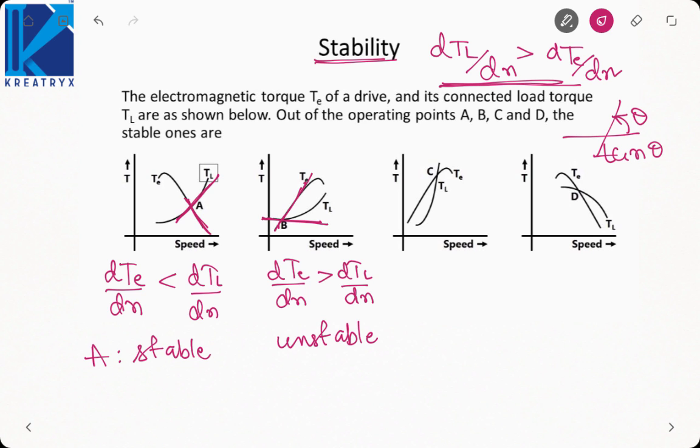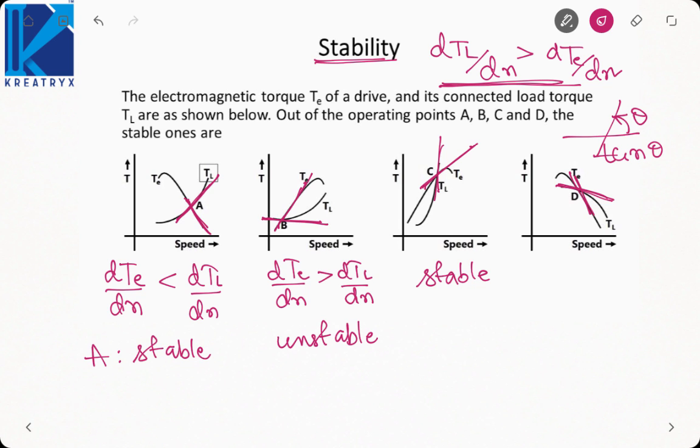unstable. In the next one, if you see, this is the slope for electromagnetic torque, whereas this is the slope for load torque. The slope for load torque is higher than electromagnetic torque again, so it is stable. If you see here, this is the slope for load torque, and the slope for electromagnetic torque. Now as you see, the slope for electromagnetic torque is more steep, but it is negative. That is, it has a higher negative value.